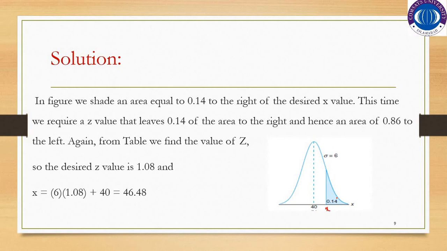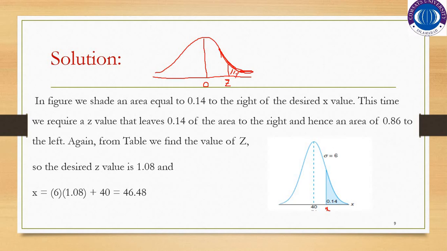So what we have to do is draw this as a standard normal curve, its mean is 0, and let's suppose this is z and this is 14% of the area.